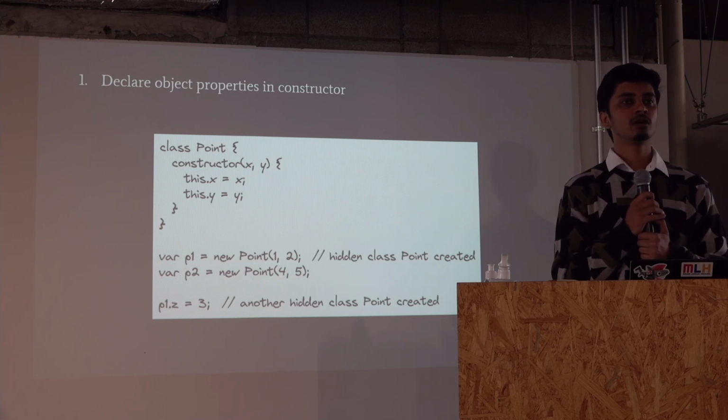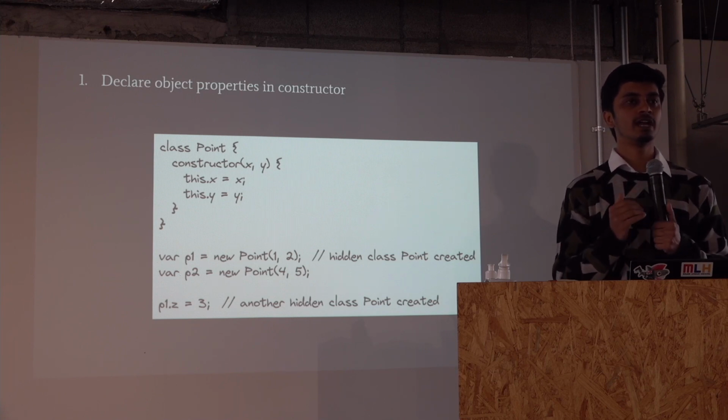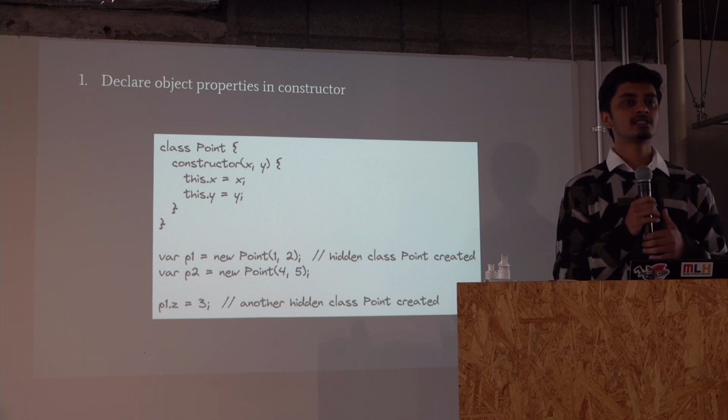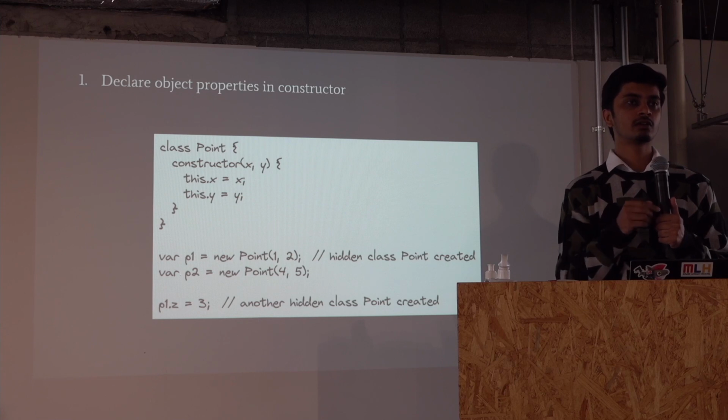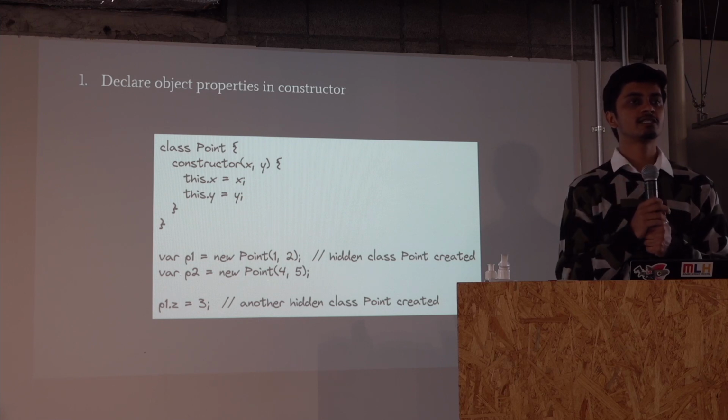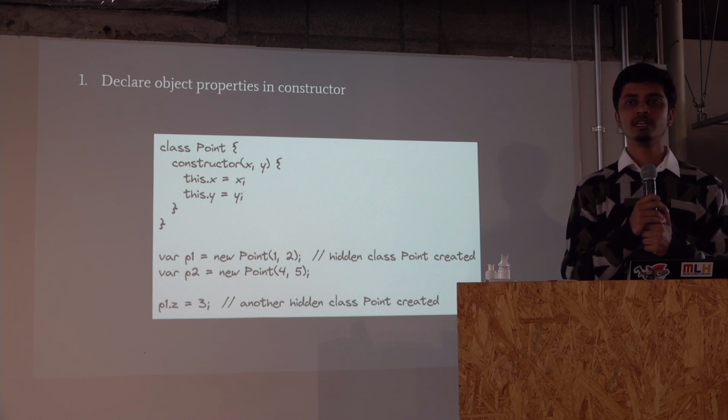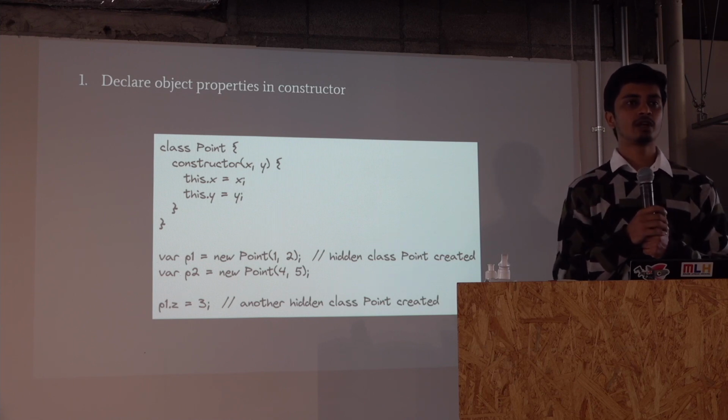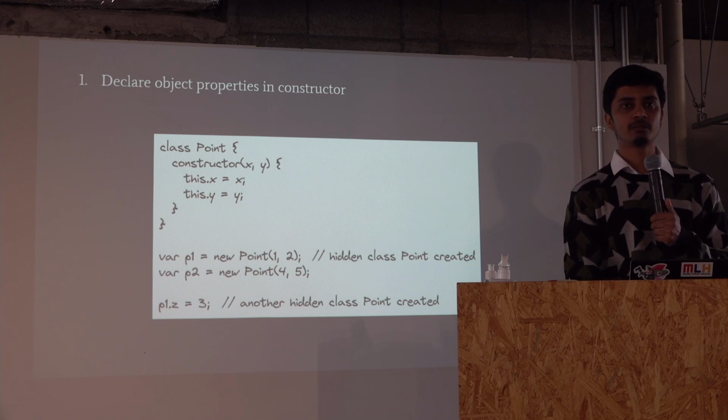So whenever you add any property later on in the code, a new hidden class is created, which particularly means that the code for that particular case is being de-optimized and later on optimized again. So that is basically using more of your time, and it is reducing the performance of your code.